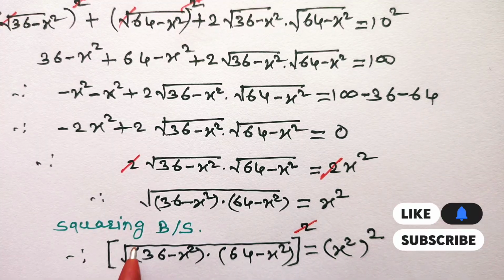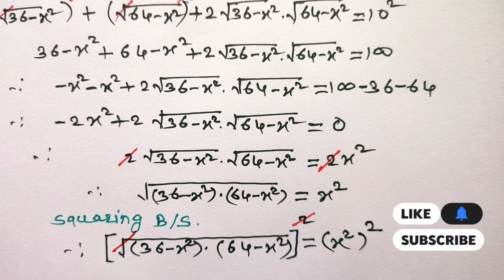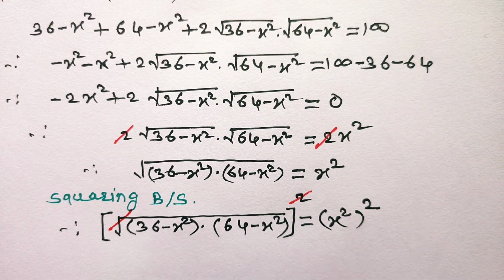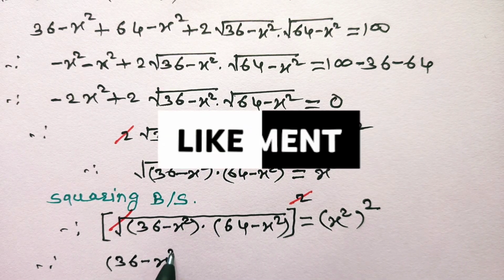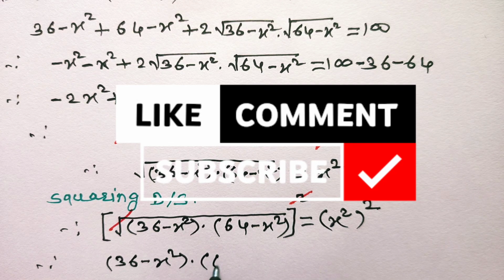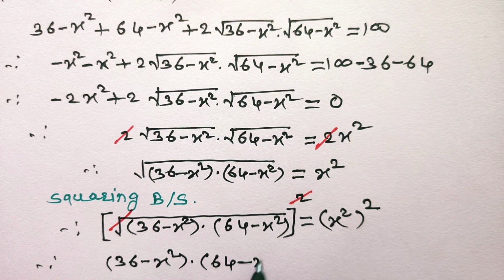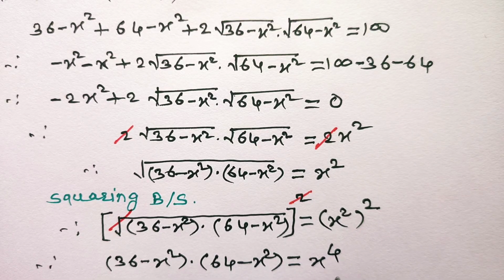This square cancels with this square root, then this is equal to 36 minus x square into 64 minus x square is equal to x to the power 4.